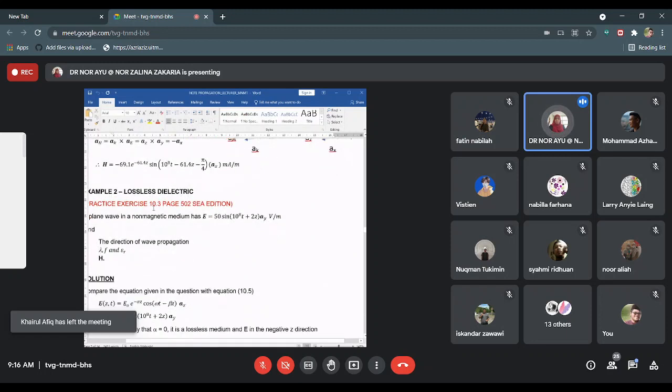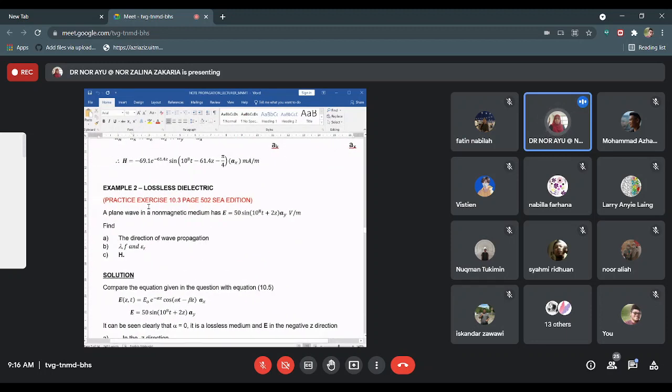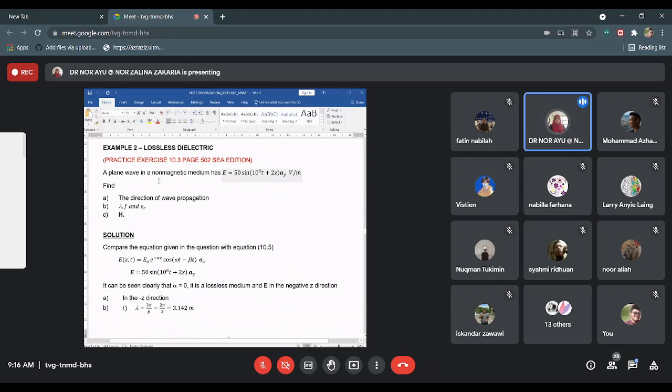So this is example 2. Example 2 is showing for the lossless dielectric. So again, in here, a plane wave in non-magnetic medium. Ni macam yang saya cakap tadi, kalau dia stated here non-magnetic medium, meaning that dia adalah lossless dielectric.